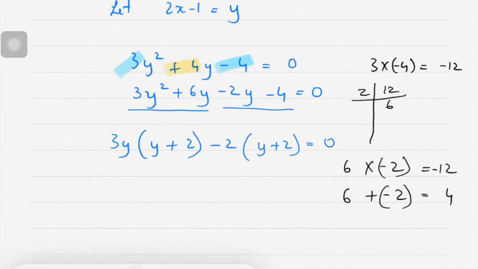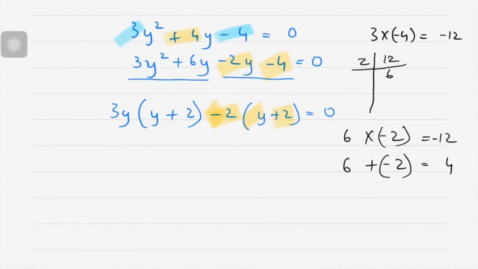Then y plus 2 is equal to 0. See carefully. Minus 2 into y is minus 2y, minus 2 into plus 2 is minus 4.